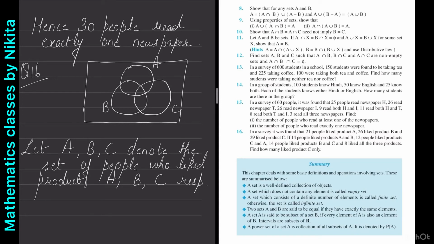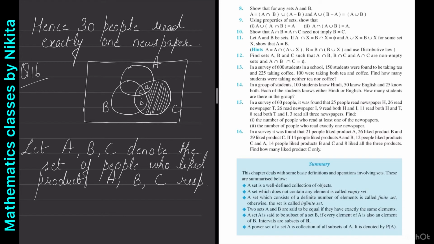Now you have to find how many liked product C only. So that means C only. So you just have to find this shaded region. And how to find this? Suppose this is my A, this is my B, and this is my C, small c.